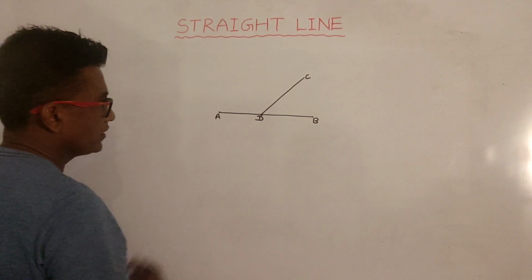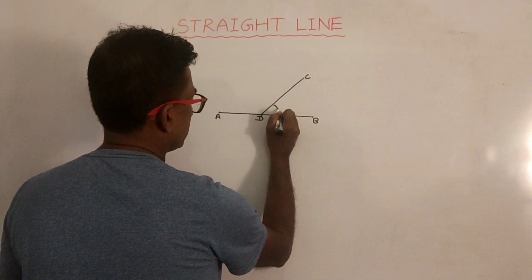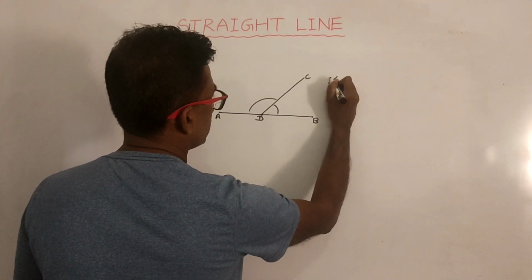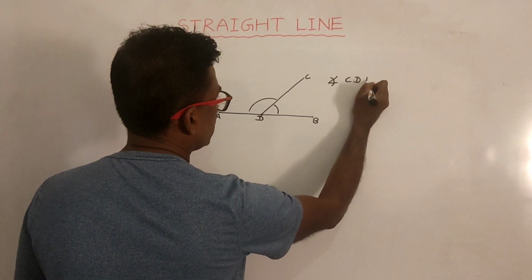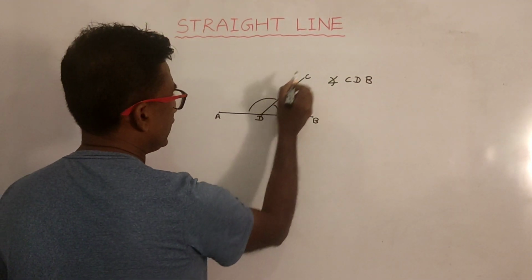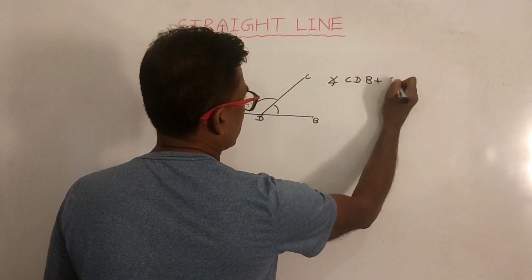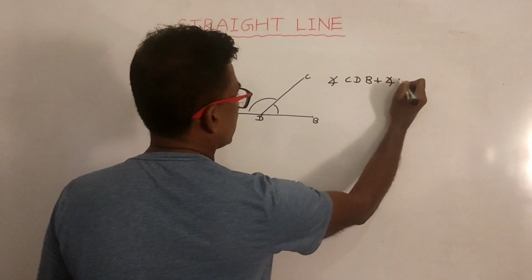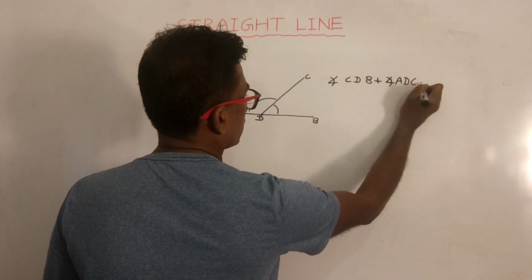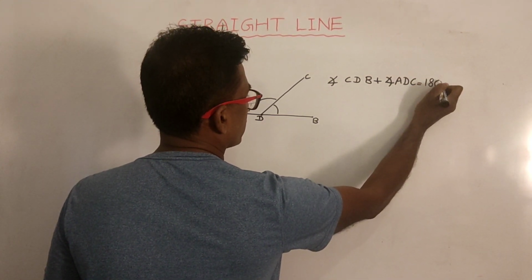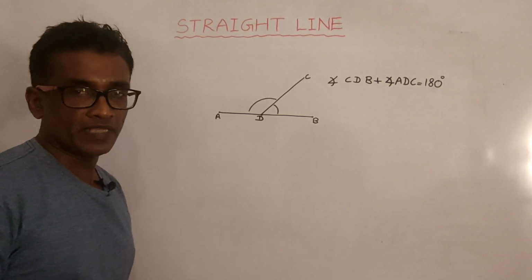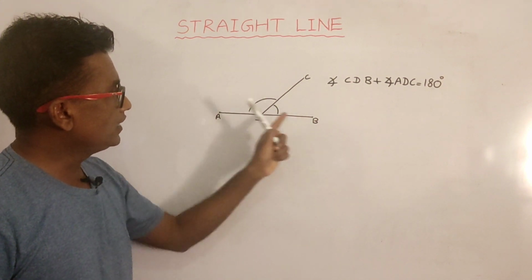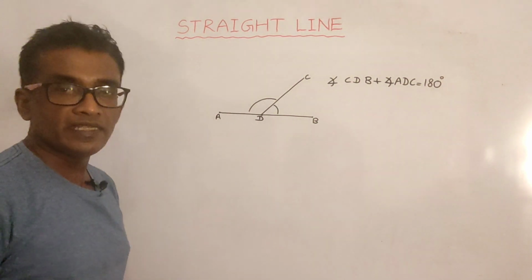As a result there are two angles, angle CDB and angle ADC. The theorem says the sum of ADC and CDB is 180 degrees.